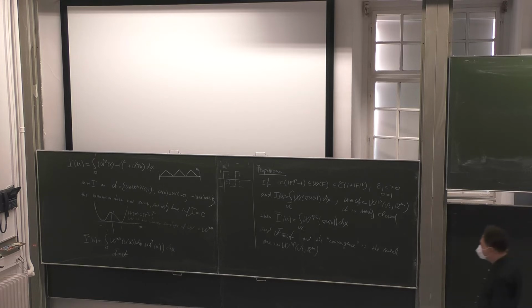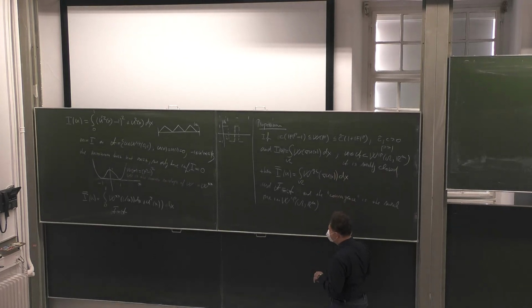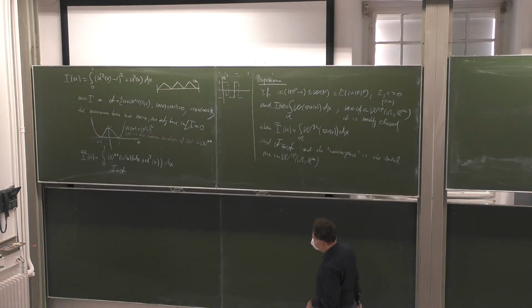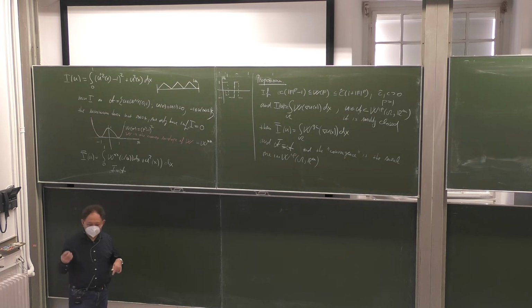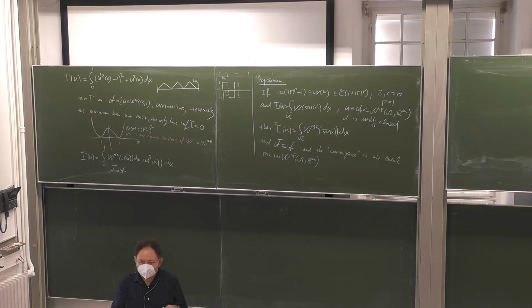And the answer is yes, we can. And the price to pay is that we leave the function setting, but we go to measures. Because if you cannot find a solution in the set of Sobolev functions, you say, maybe I can extend the notion of solution and go to something more general, and this will be this problem with measures.